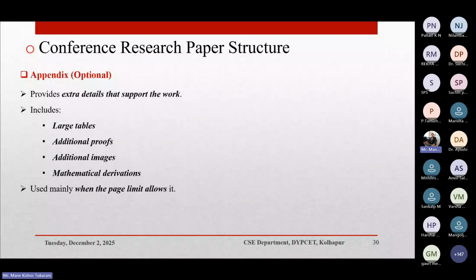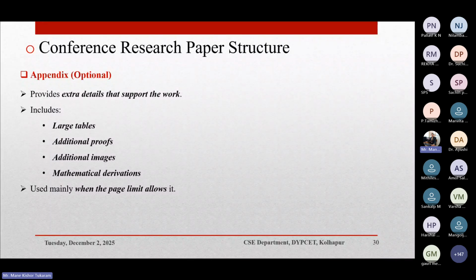Again, the appendix. The appendix is an optional section where the author can provide extra details in support of the existing work. So suppose the author wants to highlight different tables, additional proofs, additional methods, additional images or mathematical derivations.